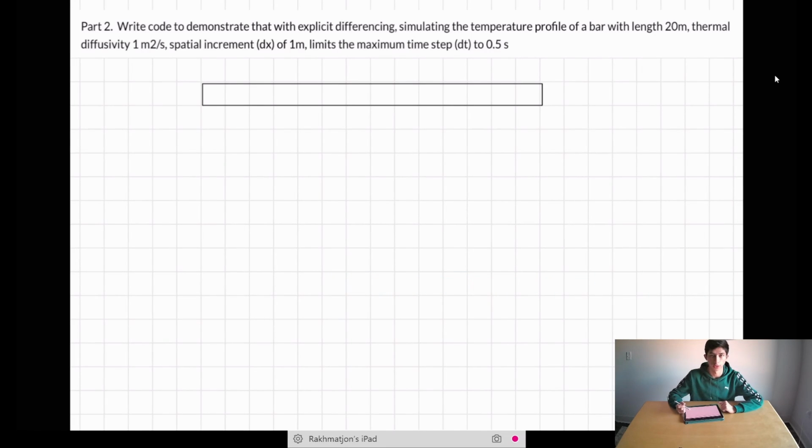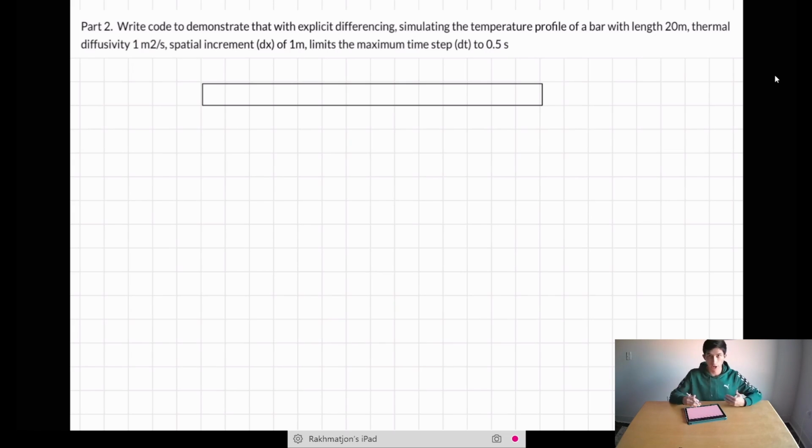Hello everyone. So this is the second part of our playlist, and in this video we're going to write code to demonstrate explicit differencing, simulating the temperature profile of a bar with length 20 meters, thermal diffusivity of 1 meter squared per second, and spatial increment dx of 1 meter, which limits the maximum time step dt to up to 0.5 seconds.